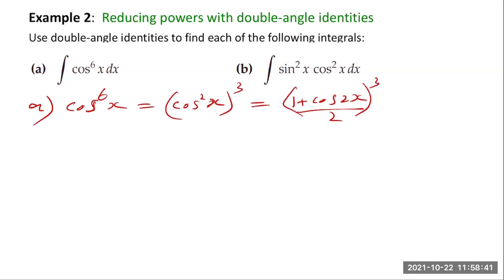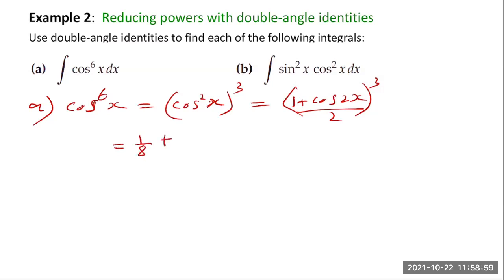Next, I'm going to FOIL this one. This is power 3, right? I write 3 factors of this, and then I FOIL that one. Here is what you're going to get. Please check these calculations.